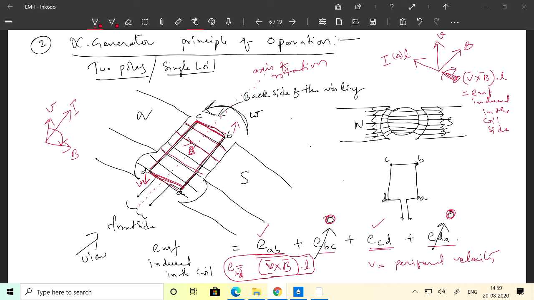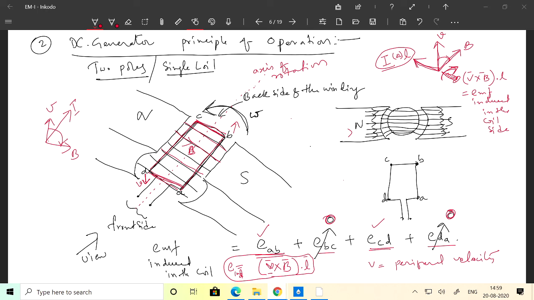Vectorially, this is the V vector, this is the B vector, and this is the L vector. If I screw in the clockwise direction, the screw will go inside the screen. That gives the direction of the current or length of the conductor.